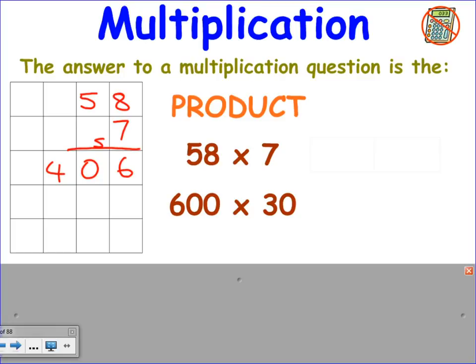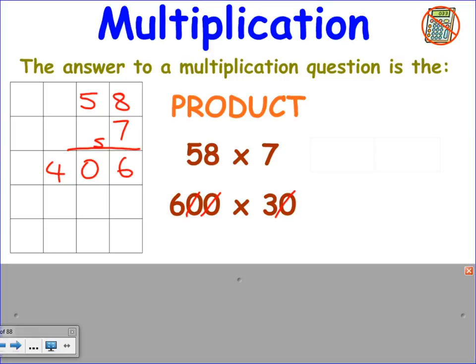This one here, 600 times 30, there's a real quick and easy way of doing this because it involves tens and hundreds. Anybody like to tell me what it is? 18. And how did you get that really quickly? Brilliant. So you've got 1, 2, 3 zeros. Take them away, forget about them.